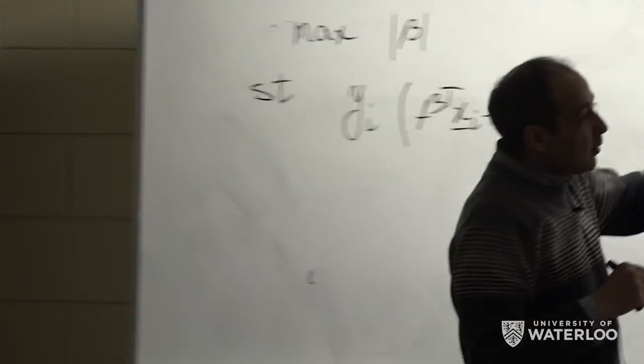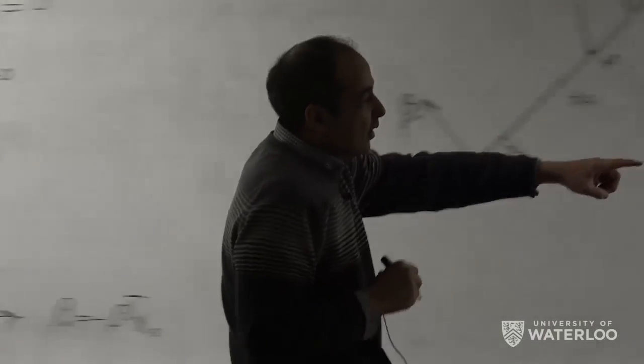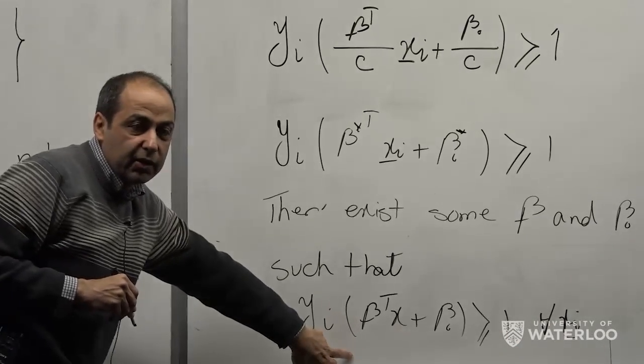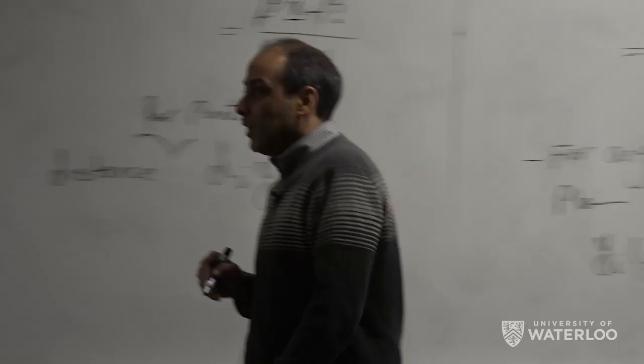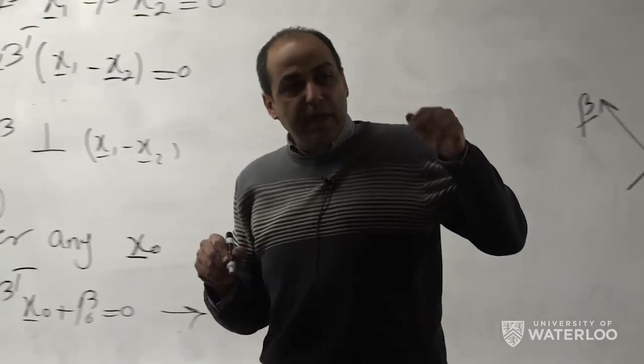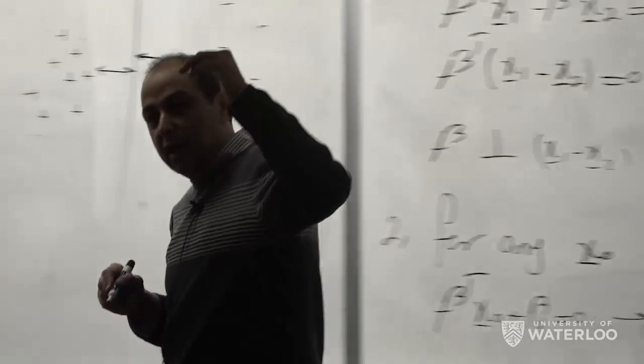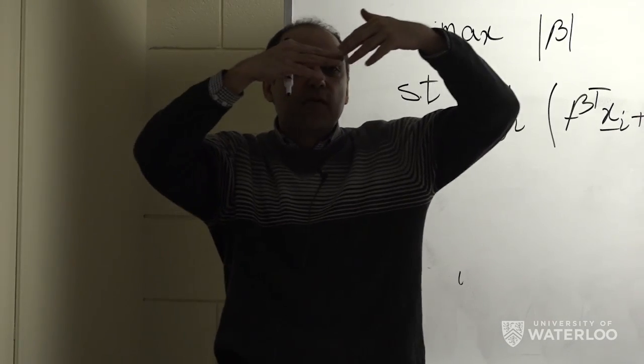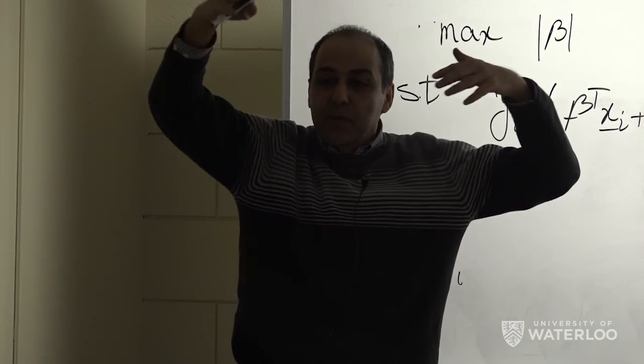Because we computed the margin under this condition, that we rescale beta in a way that this condition holds, right? Under this condition, 1 over the norm of beta is my margin. I want to maximize margin. I want to find a hyperplane which has maximum margin from each class.